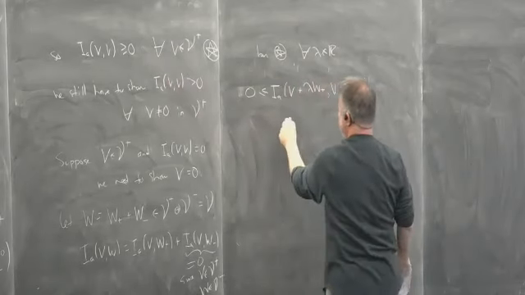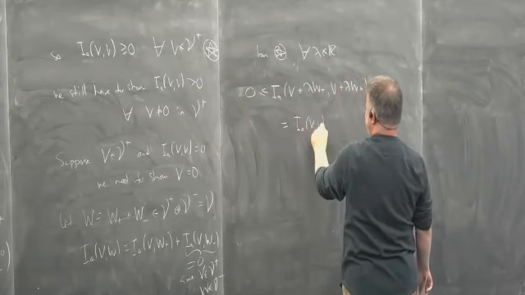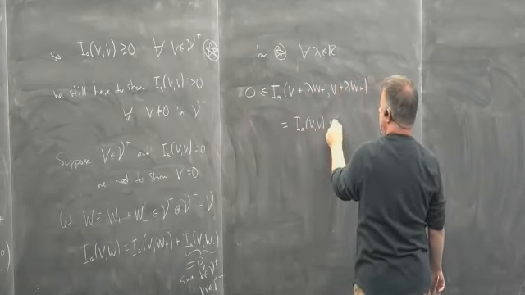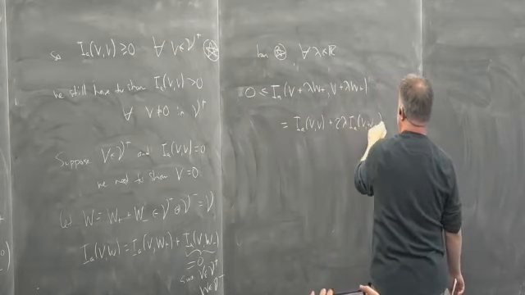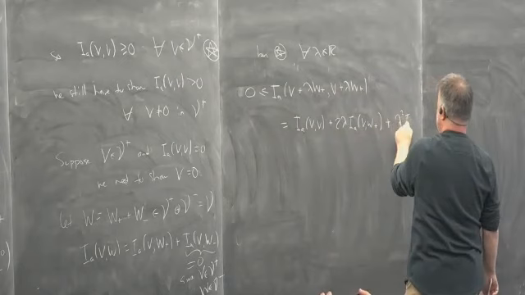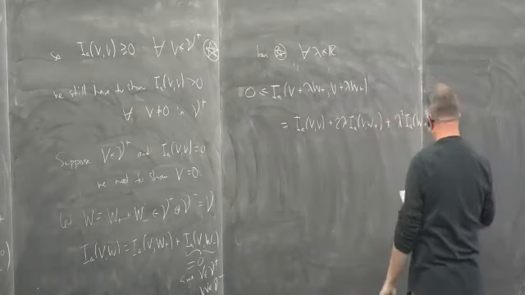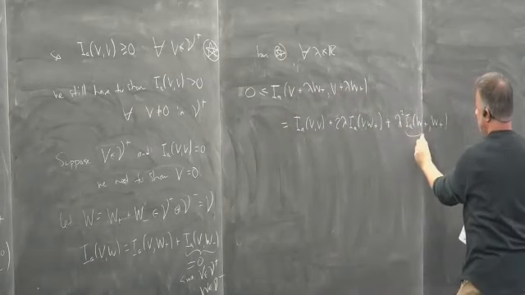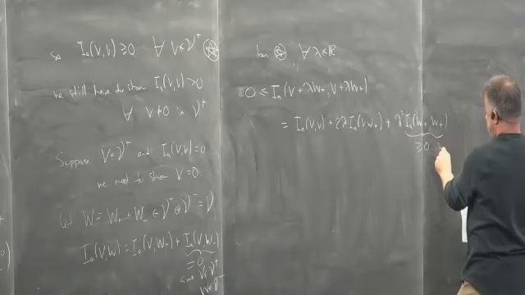So this is non-negative. But let's expand this. This is equal to IA of VV plus 2 lambda IA of VW plus lambda squared IA of W plus, W plus. And this one is also non-negative because by star.